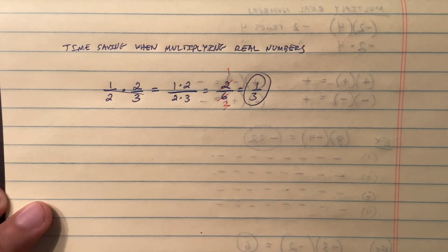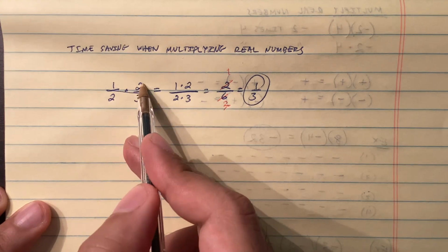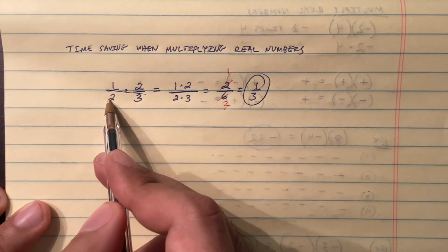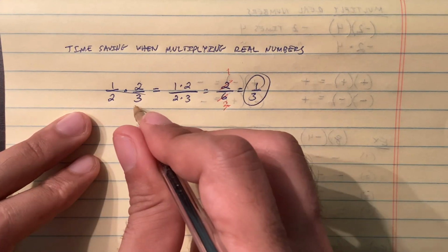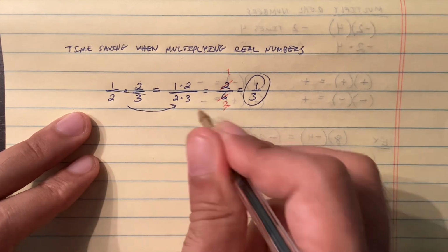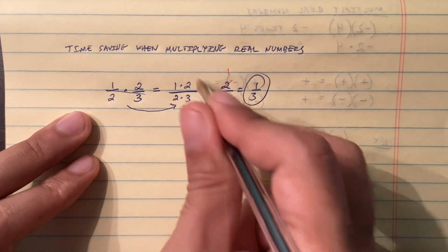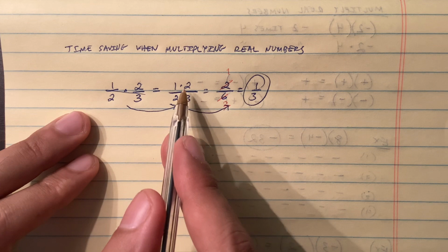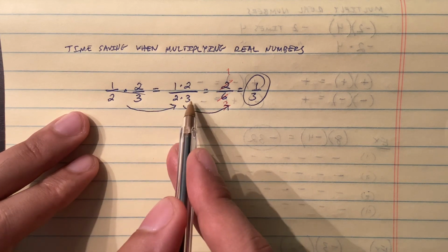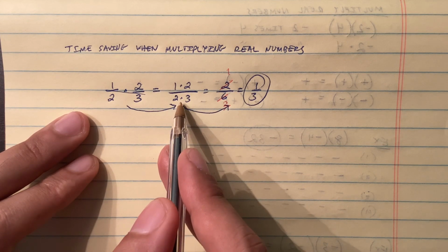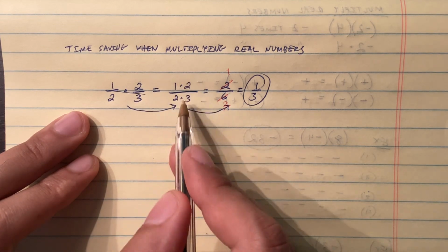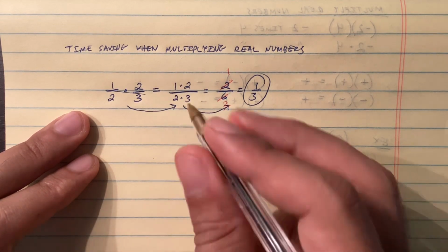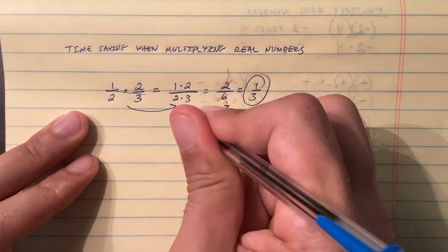Now if you notice, there's a 2 in the numerator over here, there's a 2 in the denominator over here, and in our process of simplifying and multiplying, in this second step in the middle, we join the numerators, we join the denominators. So if we're joining each of the numbers in the top and the bottom, isn't this allowed as well?